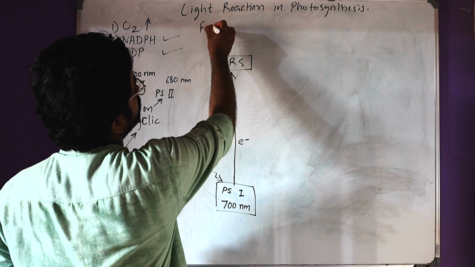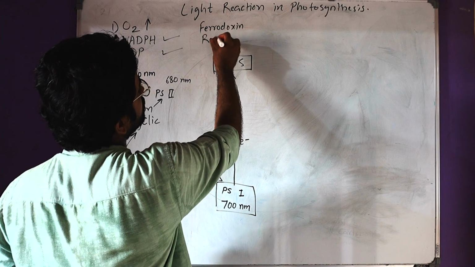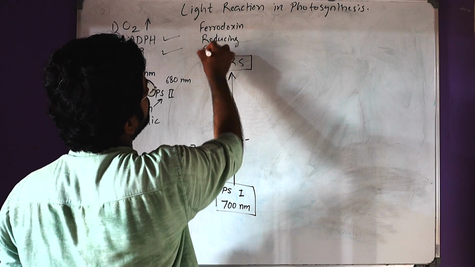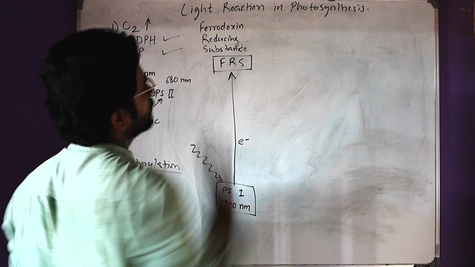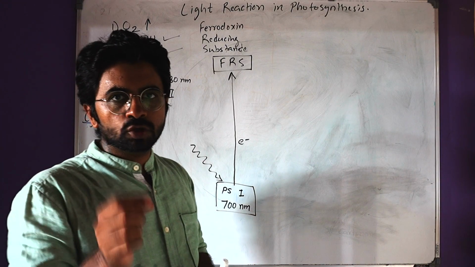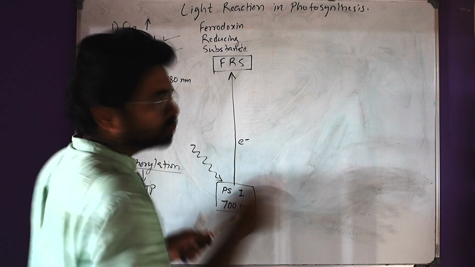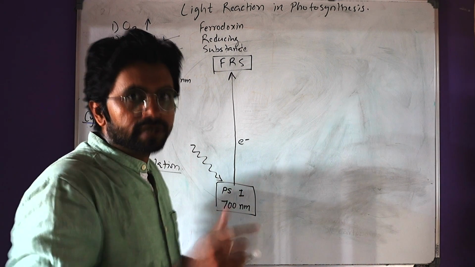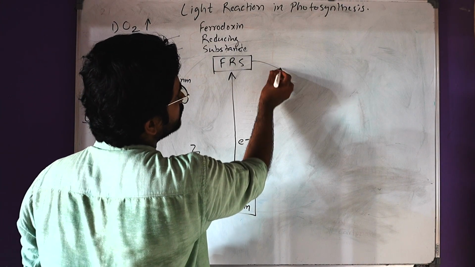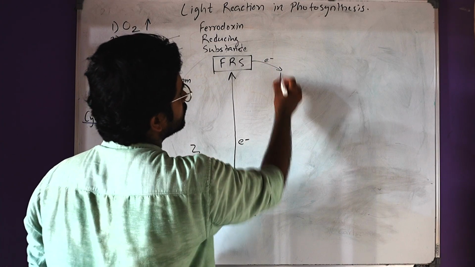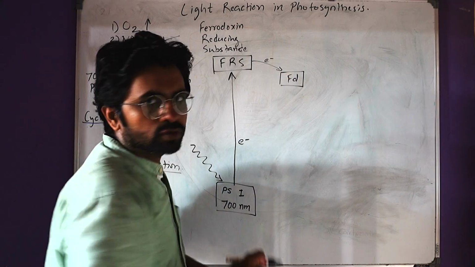It is ferredoxin reducing substance. As the name suggests, it reduces ferredoxin, by giving it the electron that it has received. So it has accepted the electron and will give it to the next compound, ferredoxin. Now it has reduced ferredoxin.